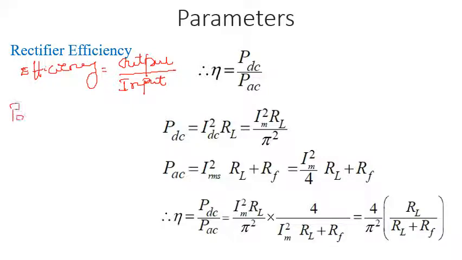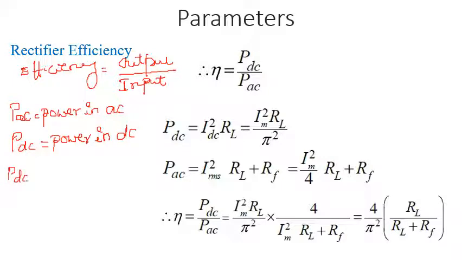PAC represents power in AC, and PDC represents the output power in DC. The output is measured across RL, that is the load resistance, and current flowing through the load is the average DC current, that is IDC. So power DC is IDC square into RL. So the power equation is I square R.